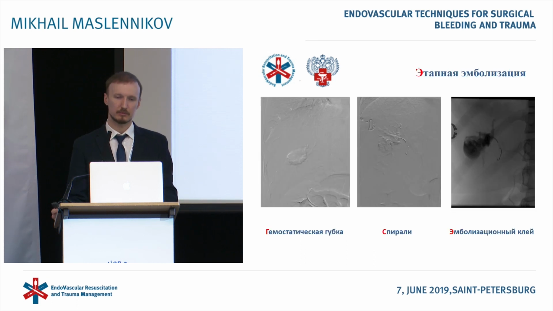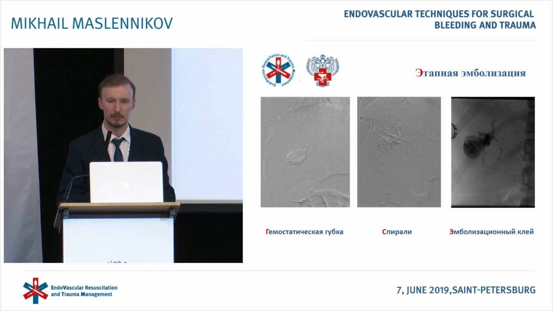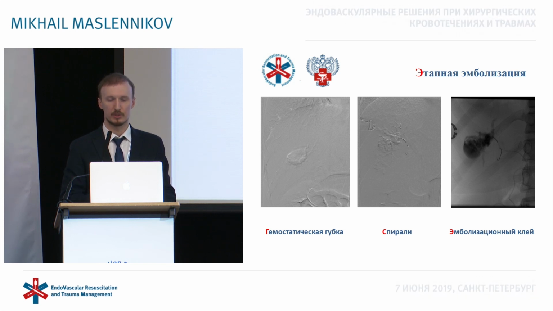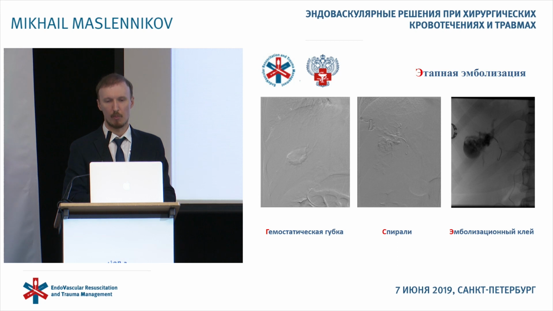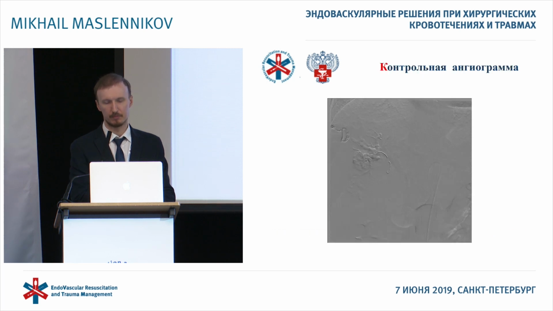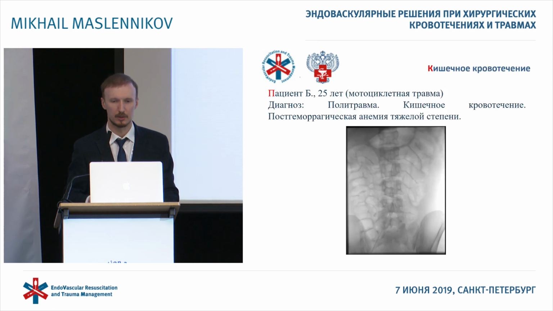We performed selective embolization quite quickly. The aneurysm cavity was glued. We discharged the patient in a stable state, and she didn't need any further interventions. This is a control angio. As you see, all the main vessels are patent, and only the cavity of the aneurysm is closed.